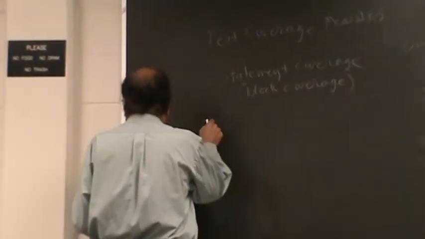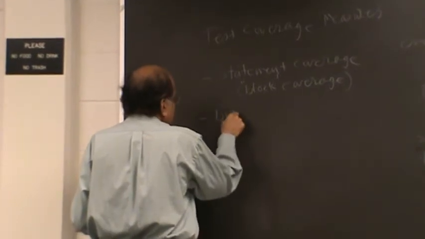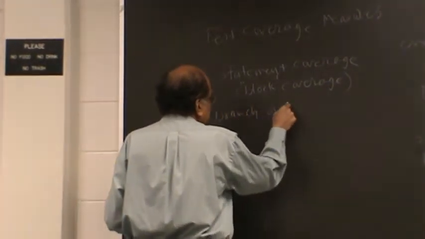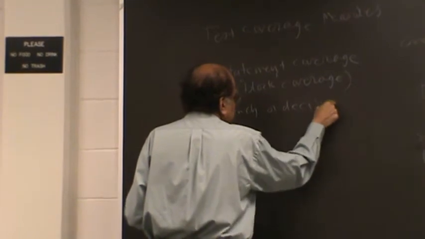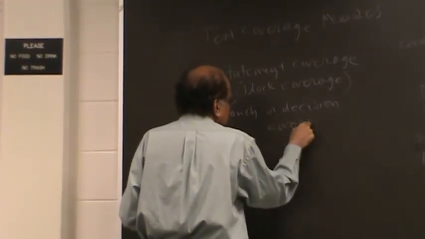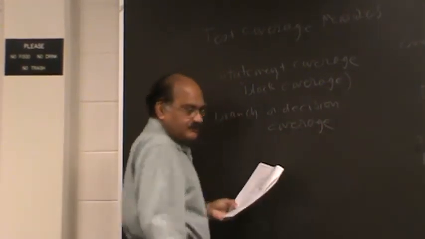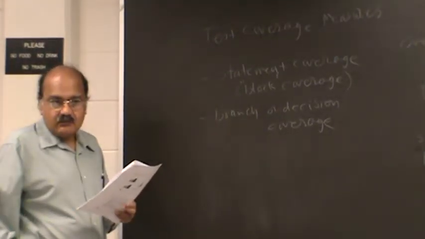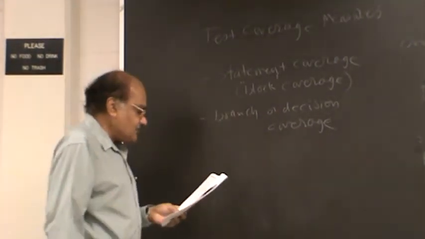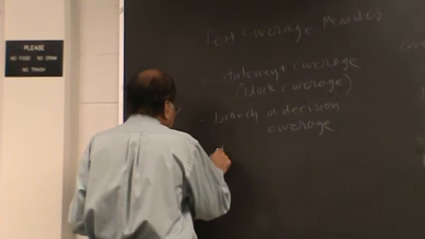And then there is branch or decision coverage. So what fraction of branches have been covered? And then you have other coverage measures.